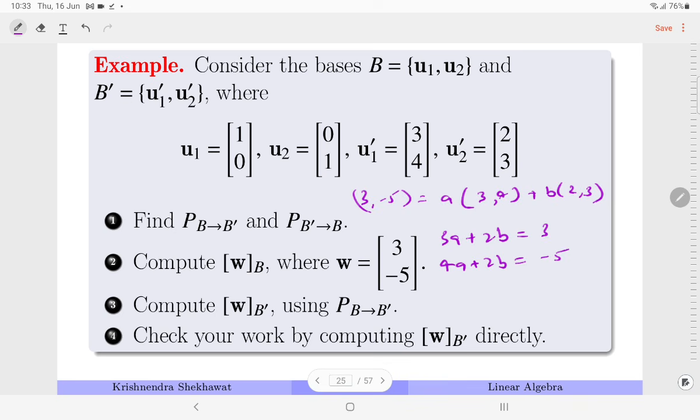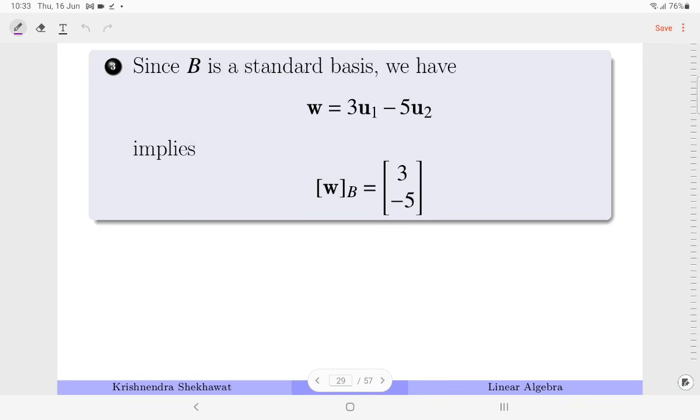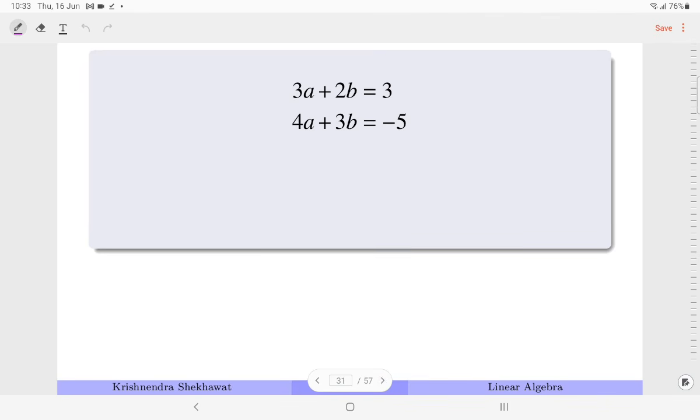And if you solve this system of equations, this gives you (a, b) is equal to (19, -27). Okay, so exercises are very simple. You just need to remember the notations. So I have added them in the slides also.